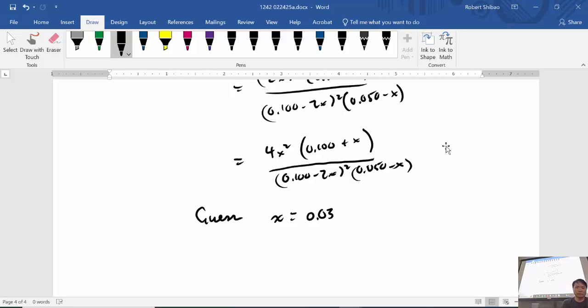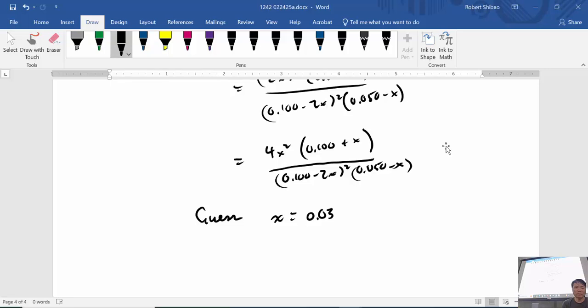And so I'm just going to do 4 times 0.03 squared, times 0.13, I can do that in my head, divided by 0.1 minus 2x. 2x is going to be 0.06.